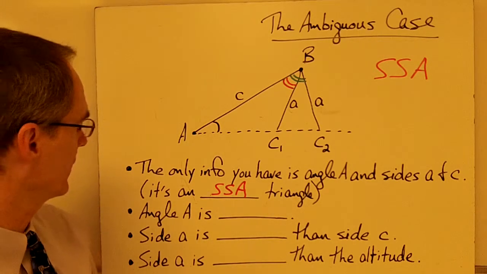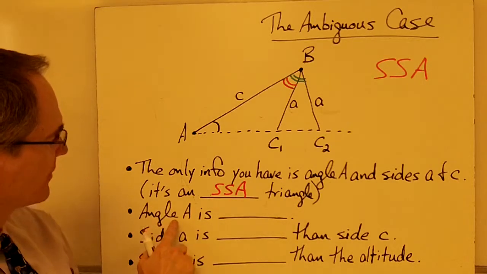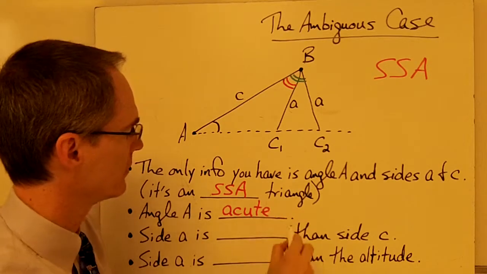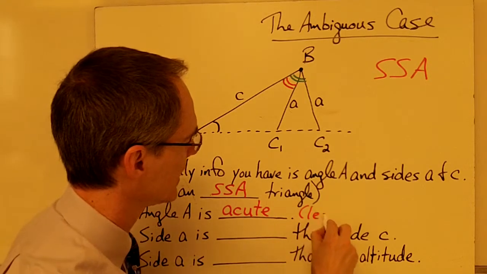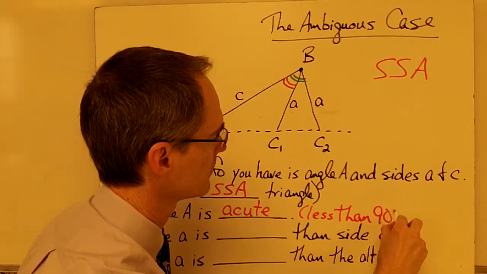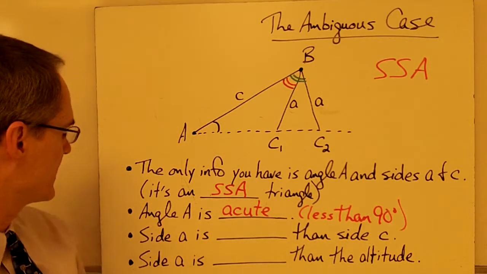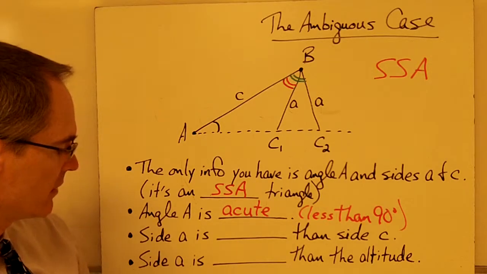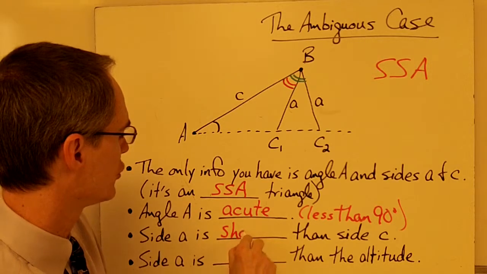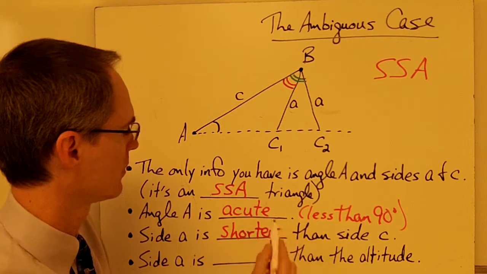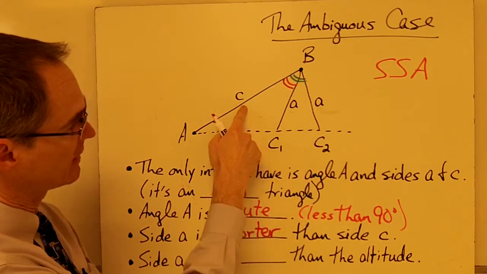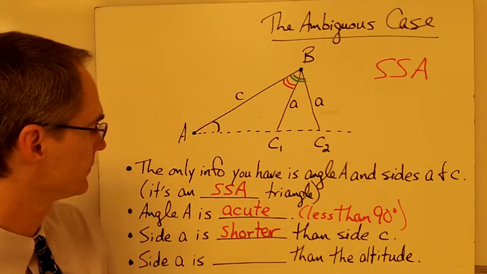Second, angle A must be an acute angle, that is, less than 90 degrees. Third, side a must be shorter than side c, and you can see in the picture up here, my side a is shorter than side c.